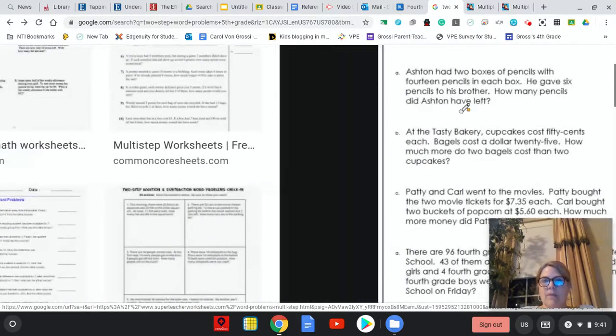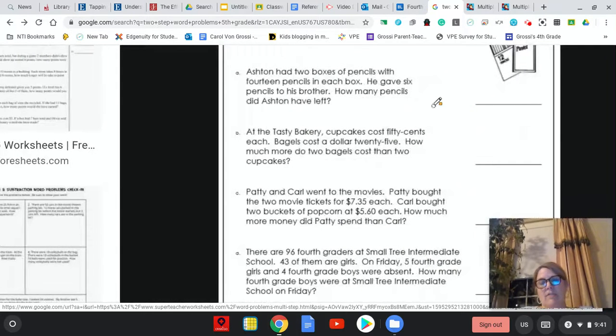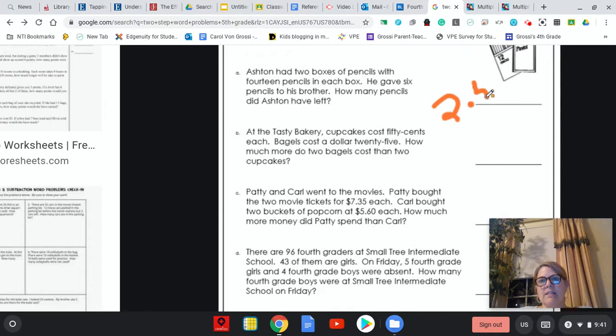Well, okay. So we had $1.25 plus $1.25, which would have been $2.50, the cost of those 2 bagels. And then we have to subtract the 2 cupcakes, which were 50 cents plus 50 cents, which would be $1 altogether. So this is another equation I can use. $2.50 minus $1 is equal to the difference.